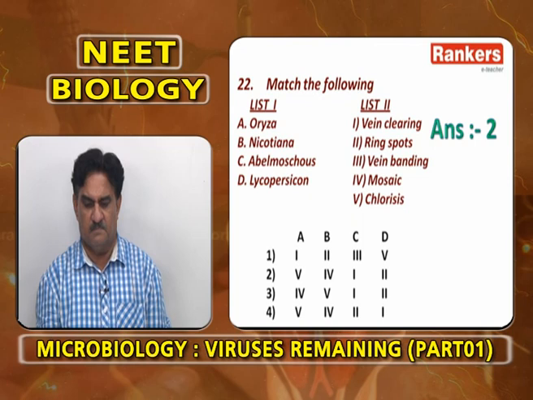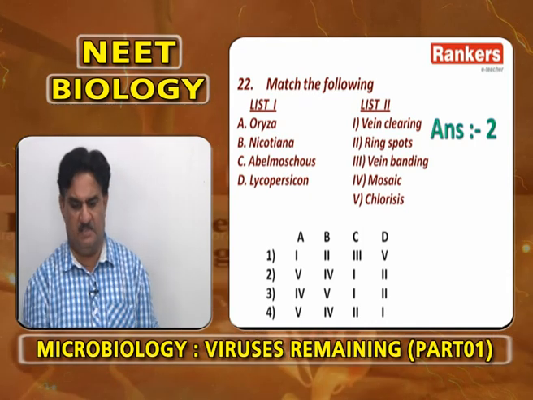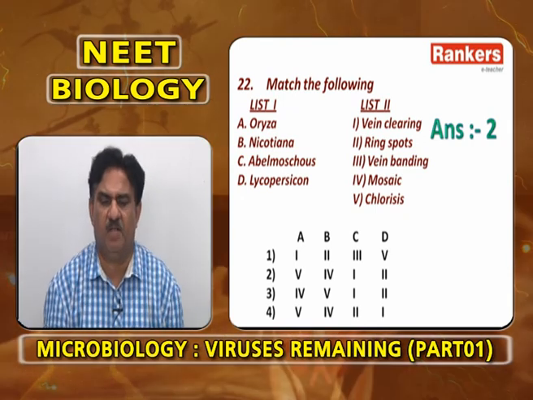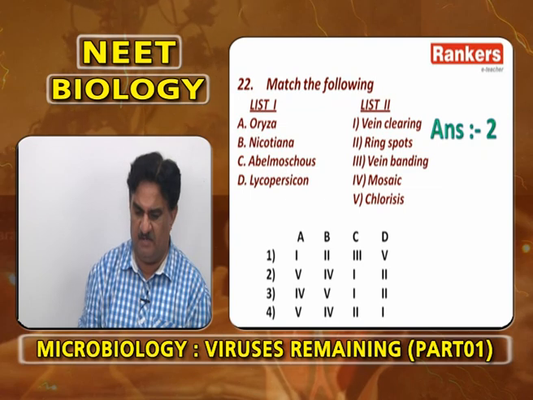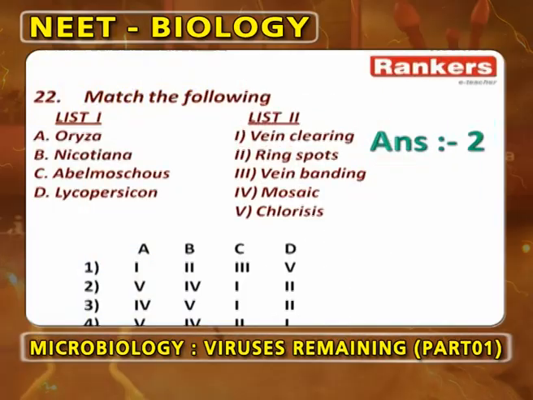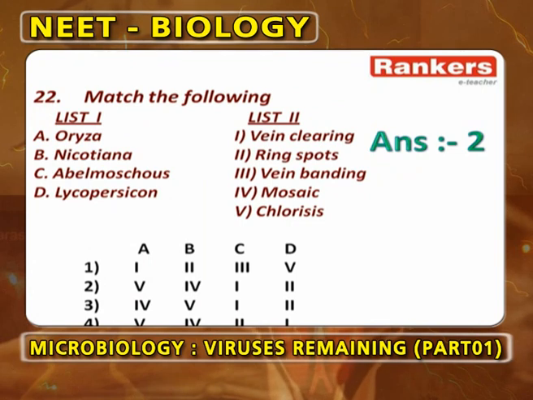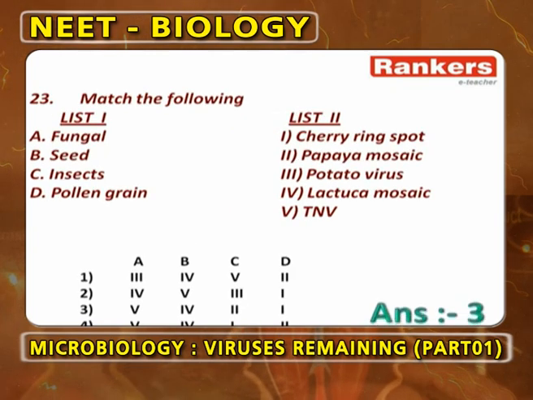So, Oryza, chlorosis; Nicotiana, tobacco mosaic disease; Abelmoschus, bhendi vein clearing; citrus vein banding. There are several diseases by viruses. And Lycopersicum, ring spots. Tomato spotted wilt virus is the name of the virus, which causes the formation of circular spots.